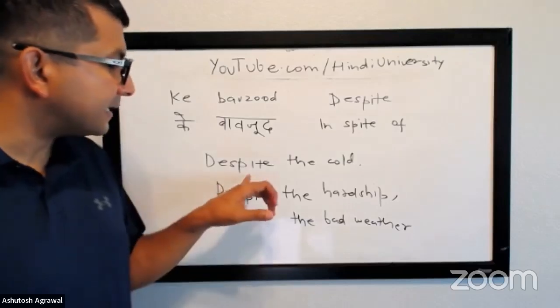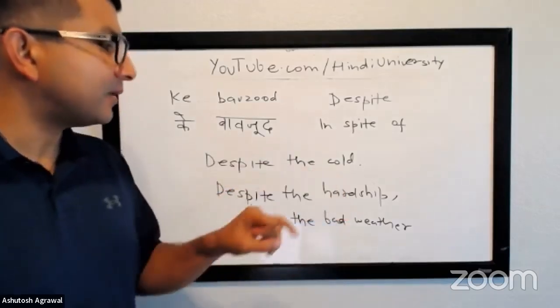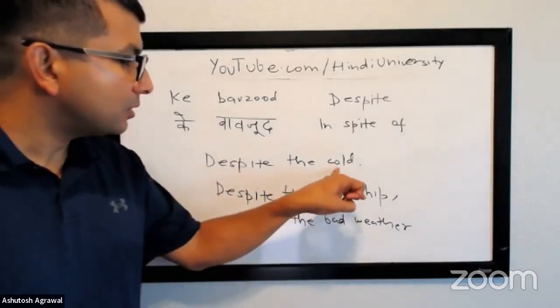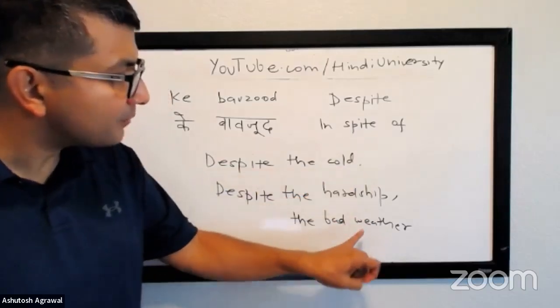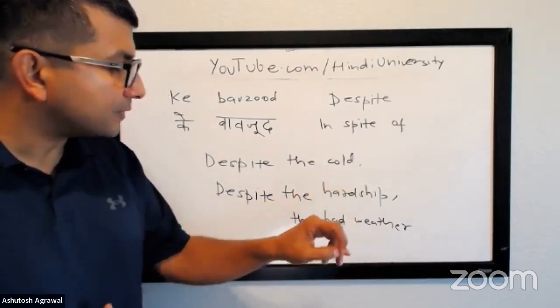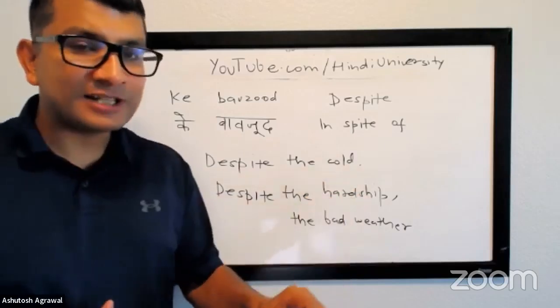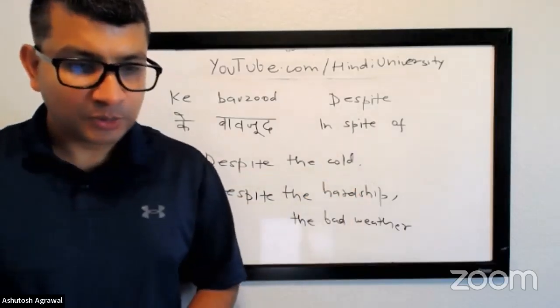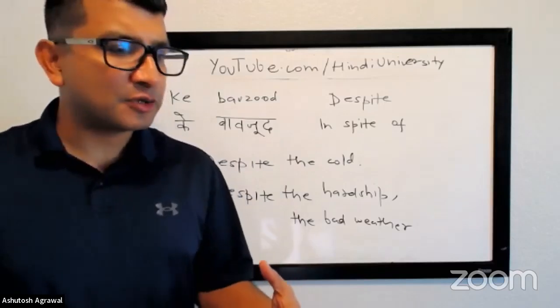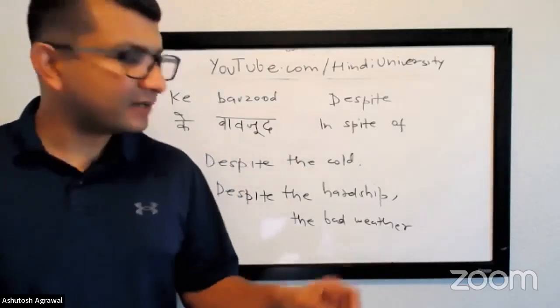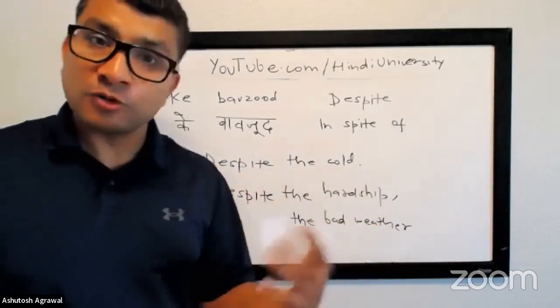Now, as I said, in Hindi it would be ke baujud. Right now, we'll just use these initial words. These are not derived from verbs. Typically in day-to-day conversations, when Hindi speakers are saying it, you want to have some more flavor.